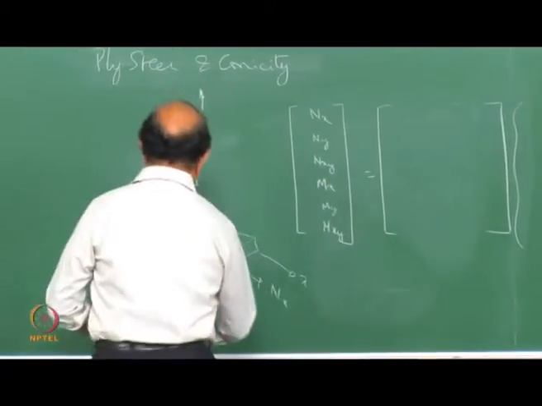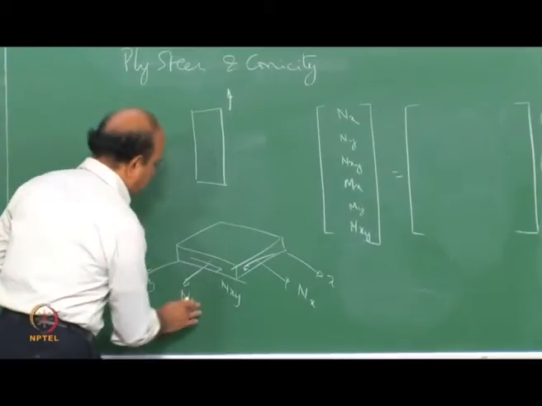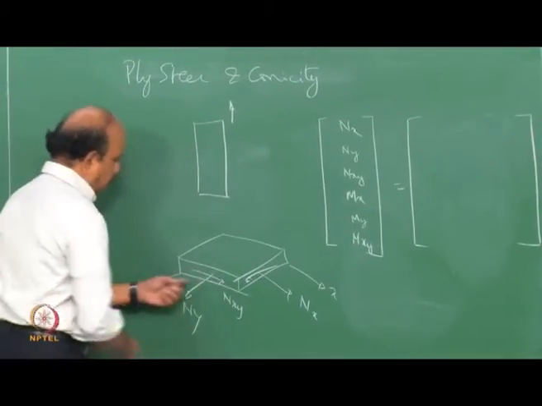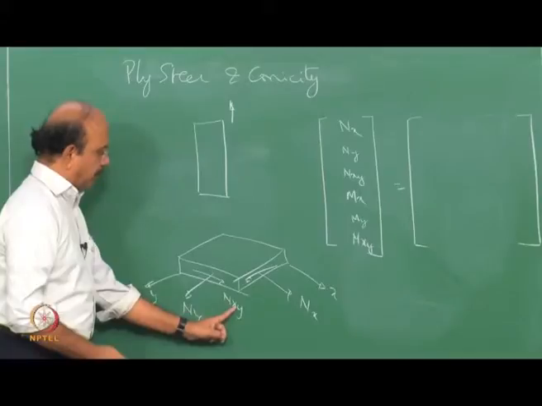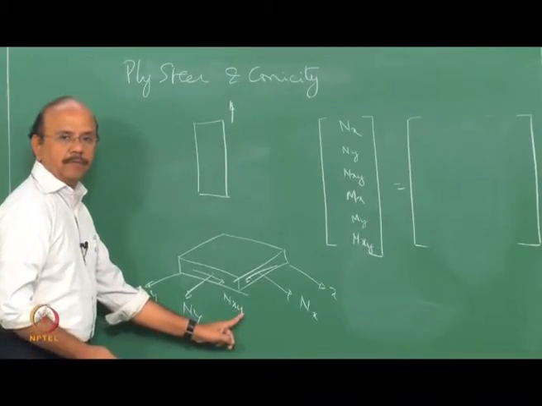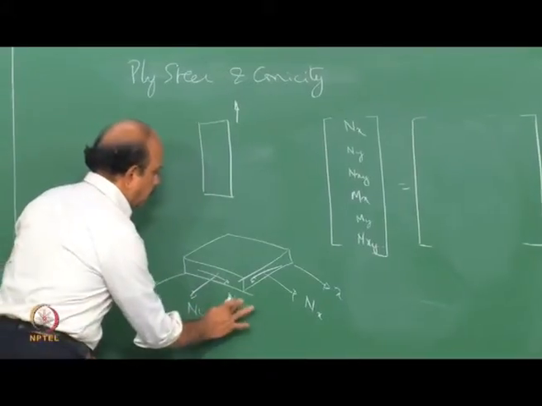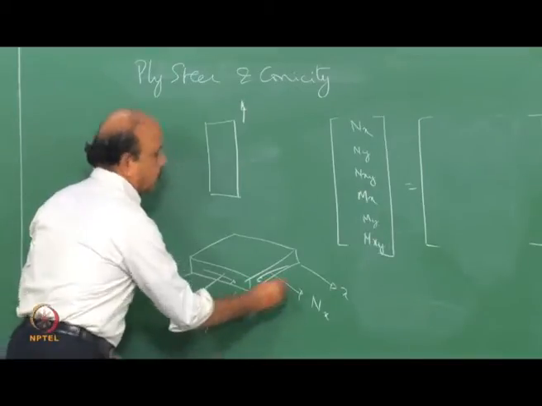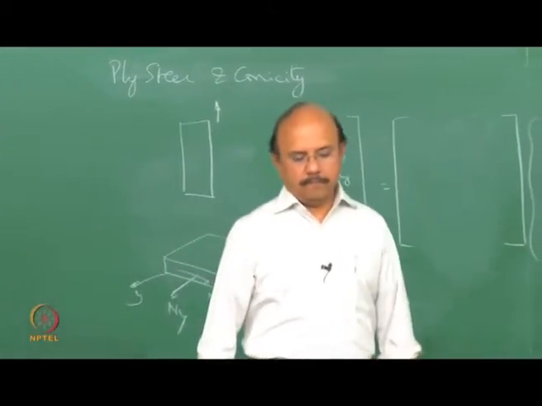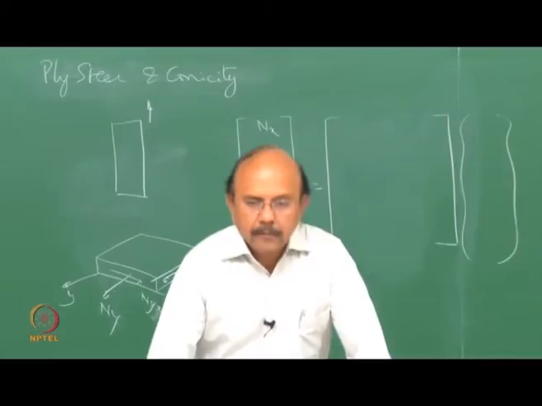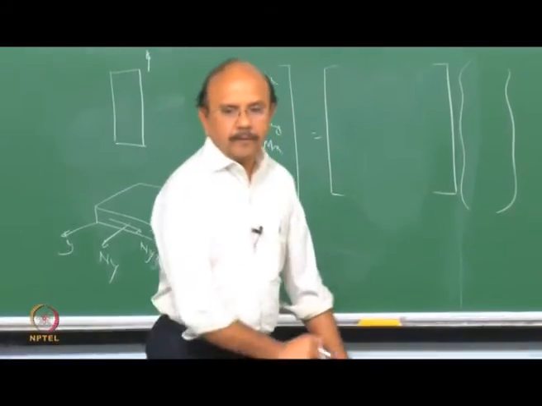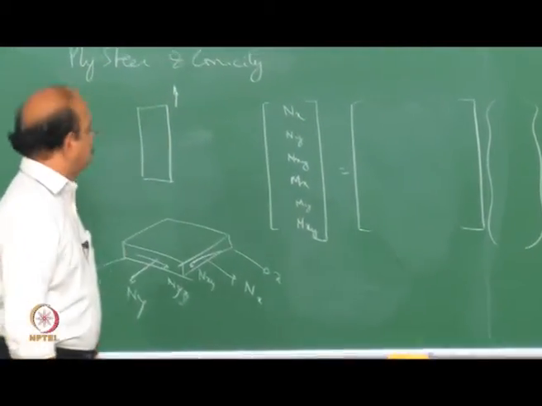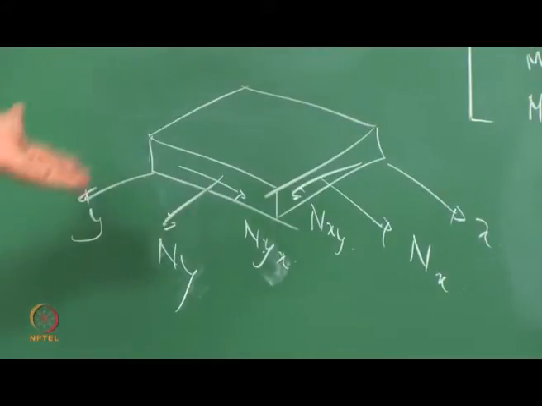Or in other words, if you want to write it like that, y, x is the plane, y is the direction, so this becomes nyx, plane, direction, and nx. We know that nxy should be equal and so on.